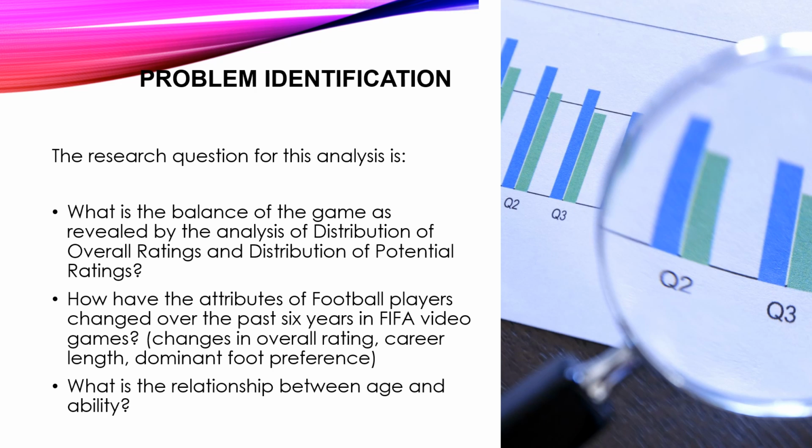Final question is, what is the relationship between age and ability? For example, if the average overall rating is increasing despite an increase in average age, this suggests that some players are getting older, but they are still competent.